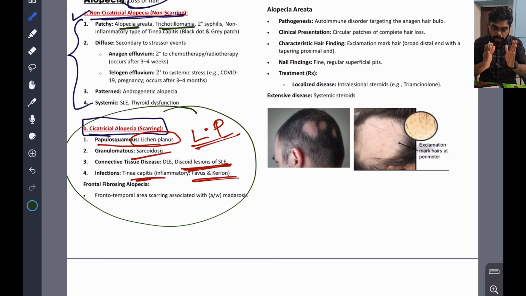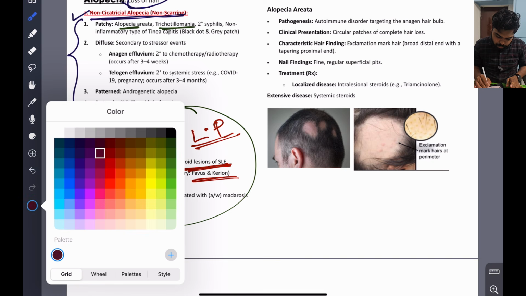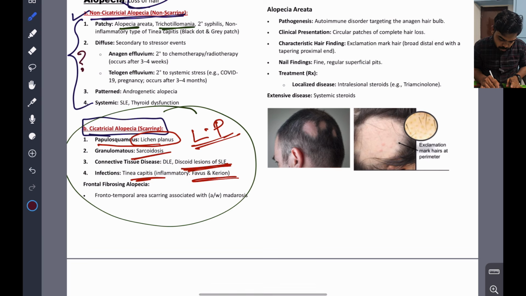And this is patchy, which is seen in alopecia areata, trichotillomania, and diffuse alopecia seen secondary to stressor events. So this is highly important, and there is a potential question here. So we know we have hair cycle, anagen, catagen, telogen, there are cycles of hair. The cycles, because of some stressor, there is a problem. So we will see.